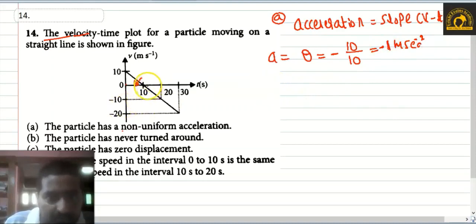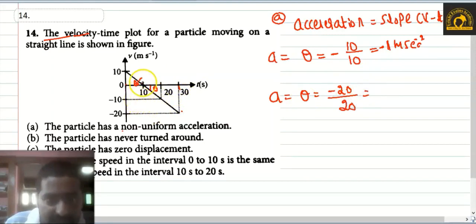Then this is the slope, and the acceleration is equal to tan theta. What about this one? Opposite side is minus 20 divided by the adjacent, 10 plus 10, 20.